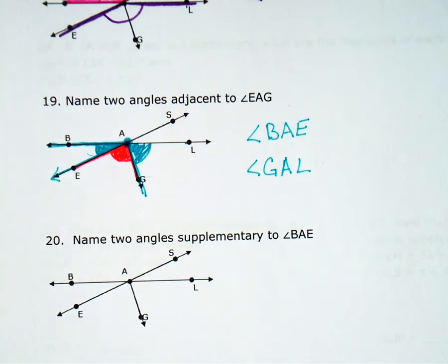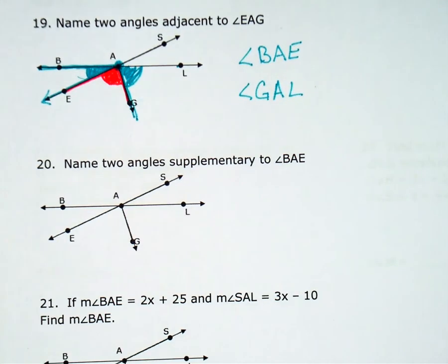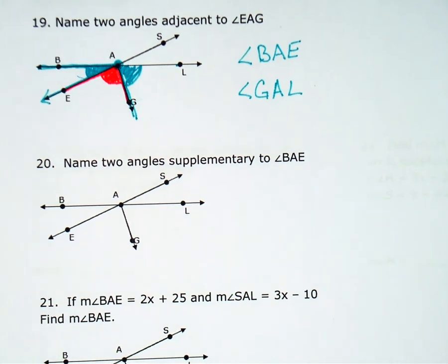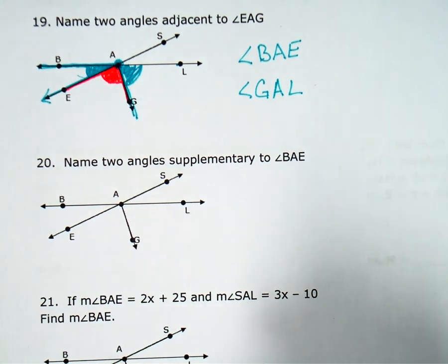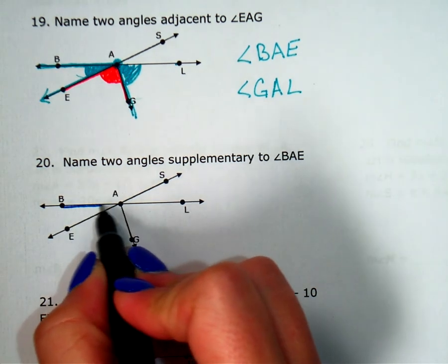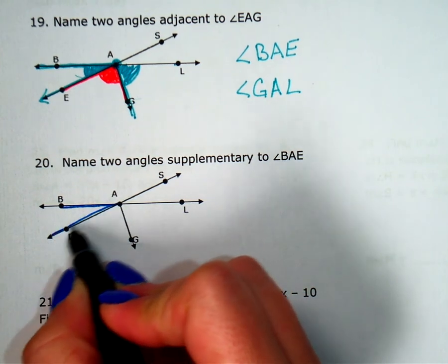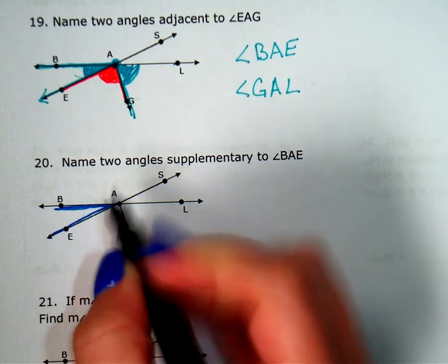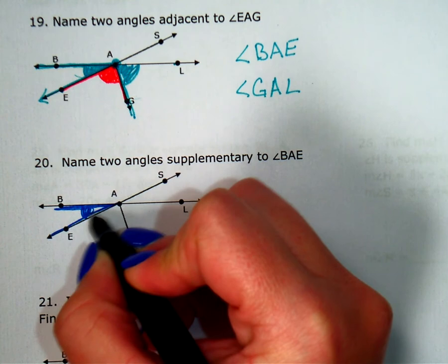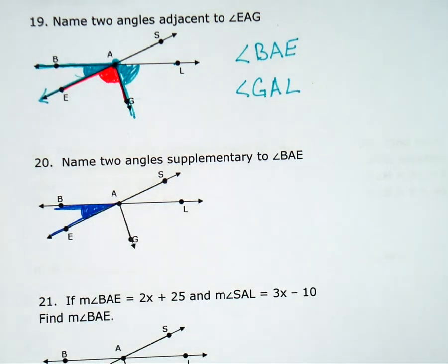Let's do these last two, and then we will save one more page for the last video. Okay? Name two angles supplementary to angle BAE. So BAE, here we go, is this angle here. Supplementary means they add up to 180.